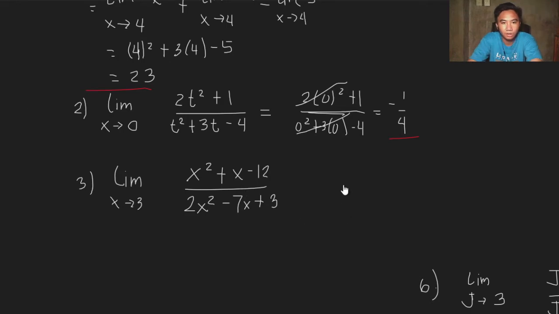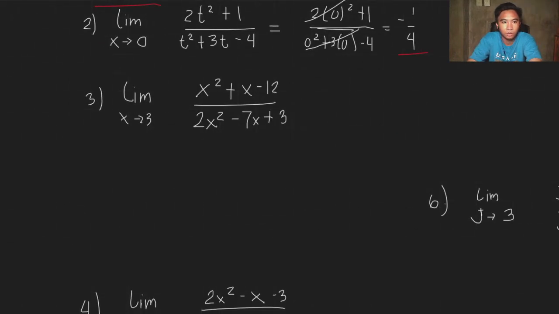Next. Dito naman. So, the limit of x squared plus x minus 12 all over 2x squared minus 7x plus 3 as x approaches to 3. So, if sinubstitute natin yan agad, 3 squared plus 3 minus 12 all over 2 times 3 squared minus 7 times 3 plus 3.